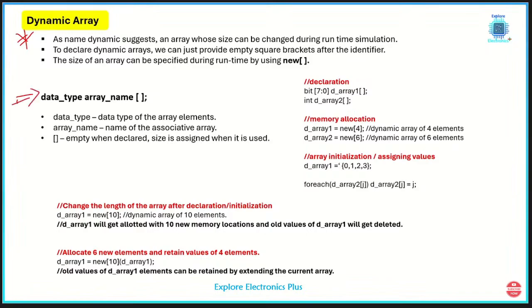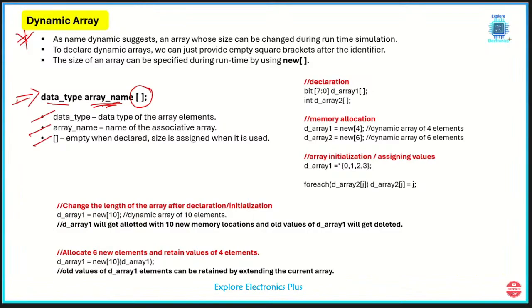This is the syntax. First we write the data type, then the array name, and then we just write empty square braces. This indicates a dynamic array. The data type can be any data type, and the array name can be any name. Then the empty braces indicate a dynamic array.